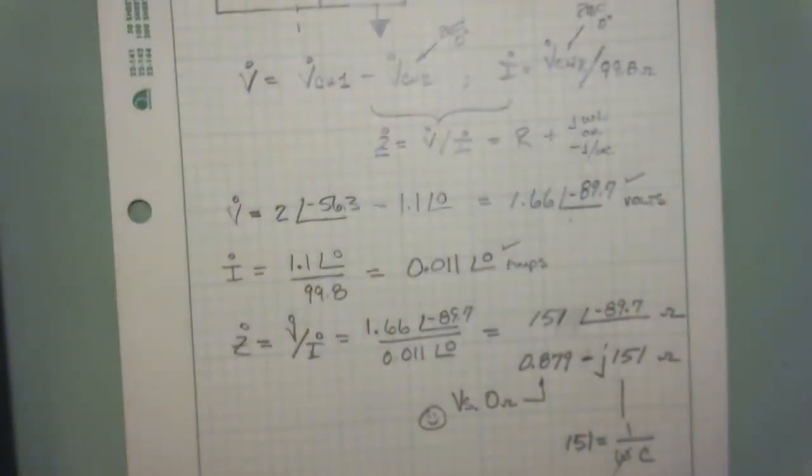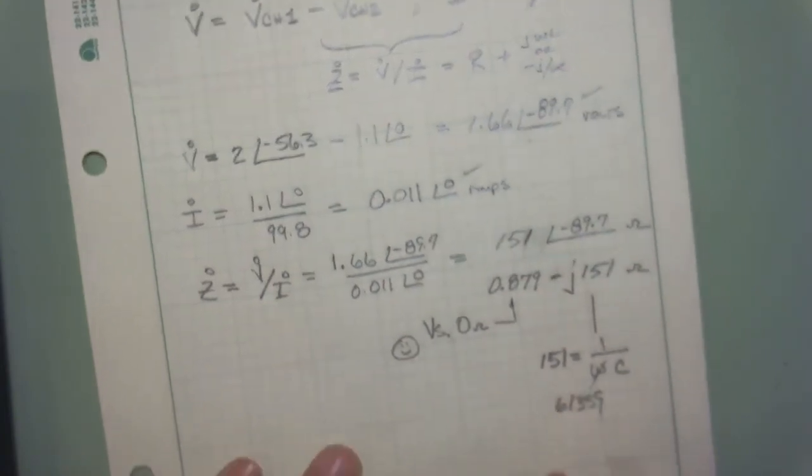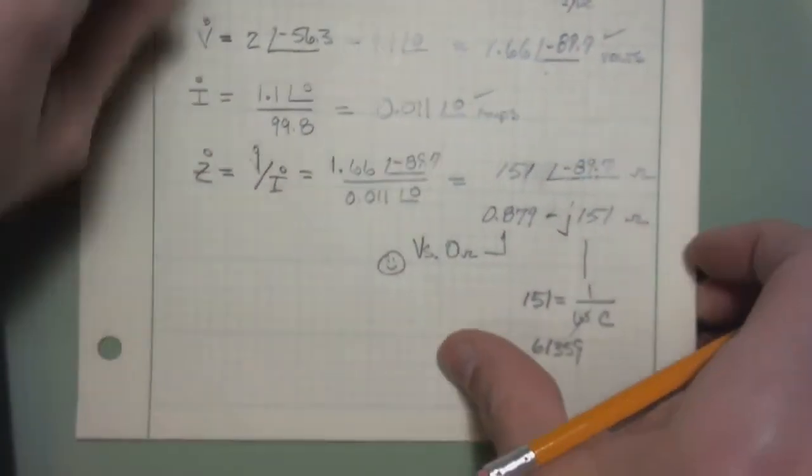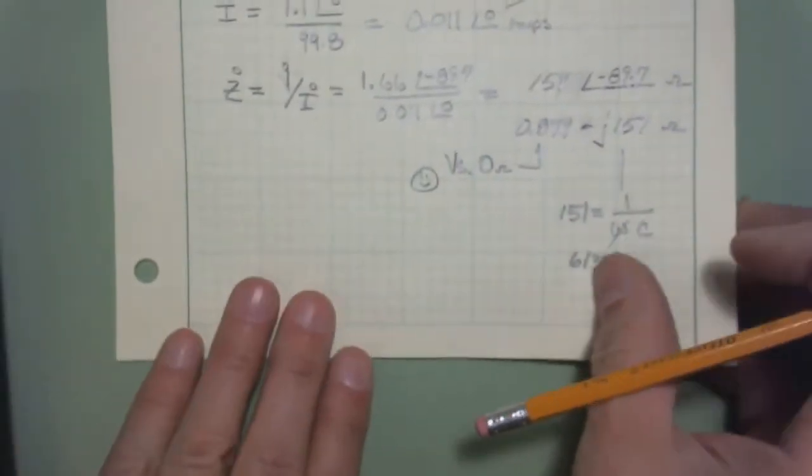So let's use that. 61,359. So when I solve for C, boy, I'm having a hard time staying on screen.